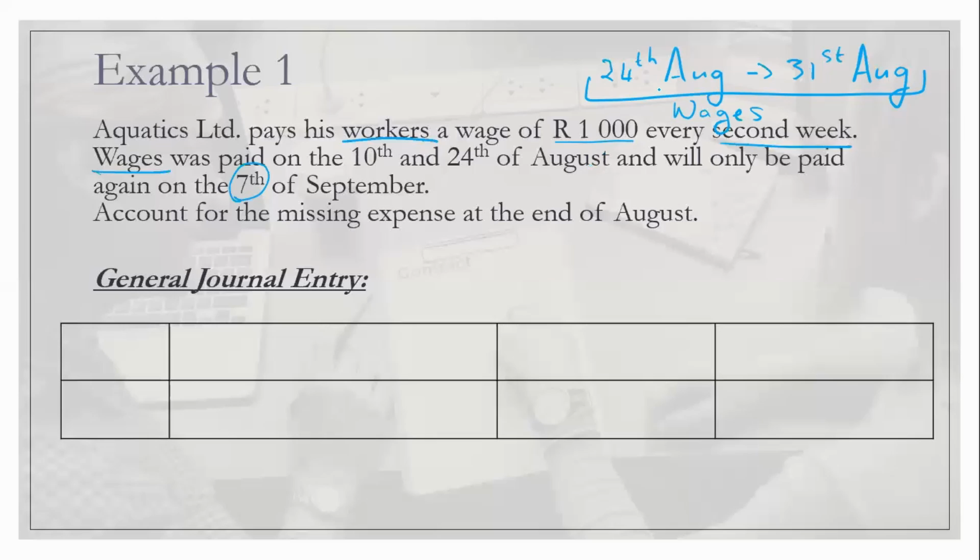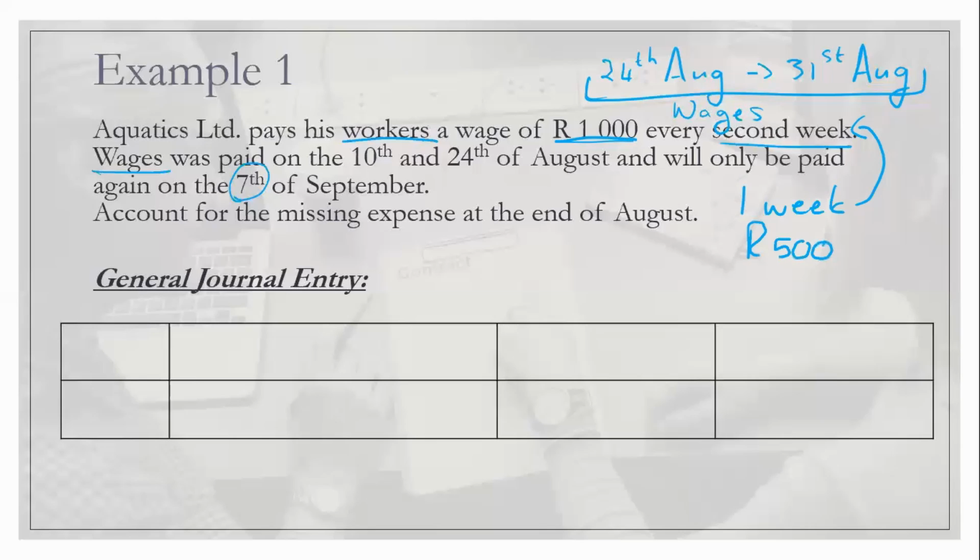Good. So the exact time between the 24th of August and the 31st of August is 1 week. Now, if it's 1 week, that means every second week they get paid for the 2 weeks, meaning that 1 week would be 500 Rand.